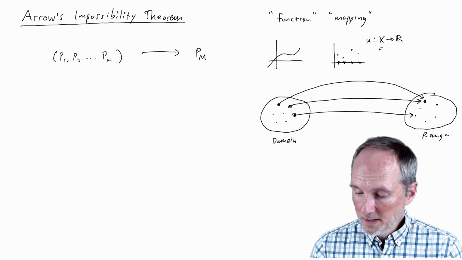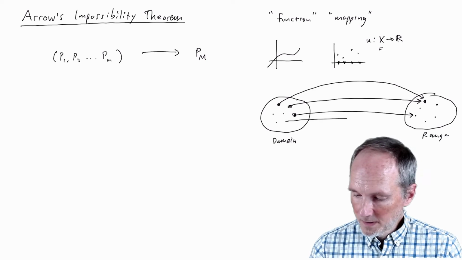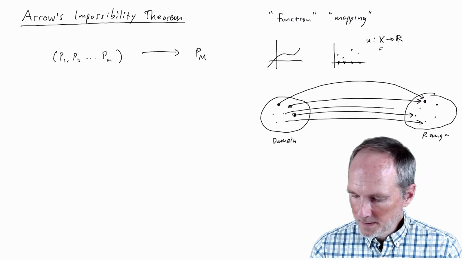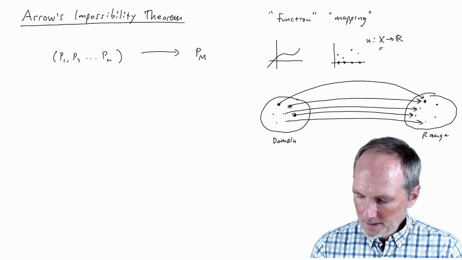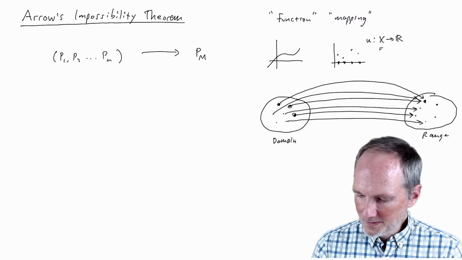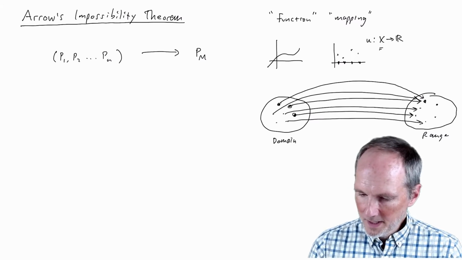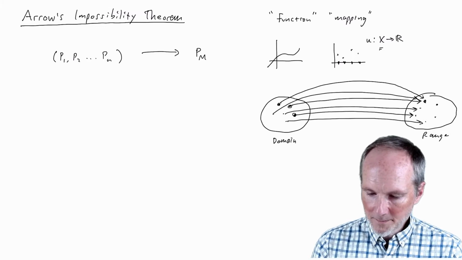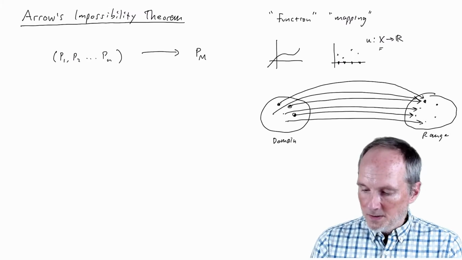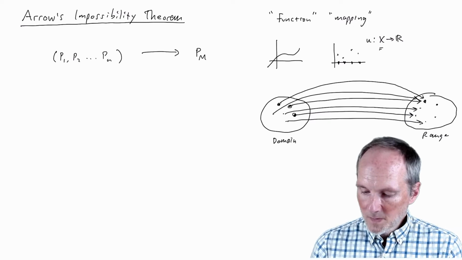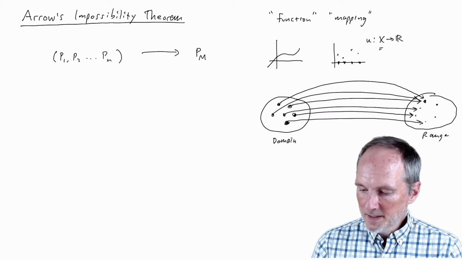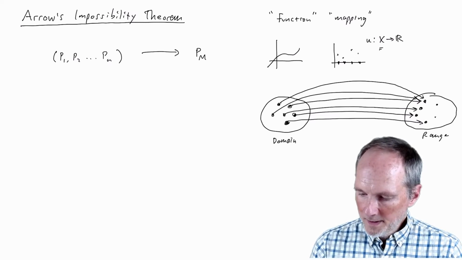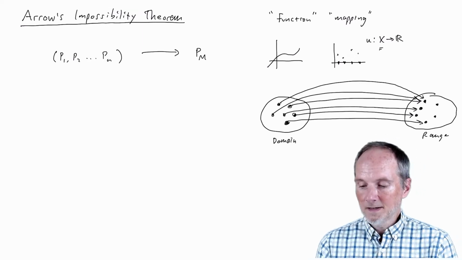We do have to assign something to each element. There's a lot of arrows flying around here. I'm just going to get rid of that one. All right, so this is a function. Each element in the domain has been assigned an element of the range. Some of them are assigned the same thing, and there are some elements in the range that are not assigned to anything, and that's fine.